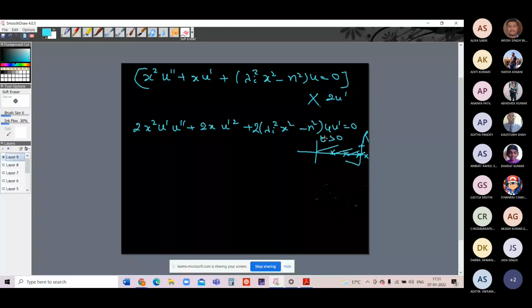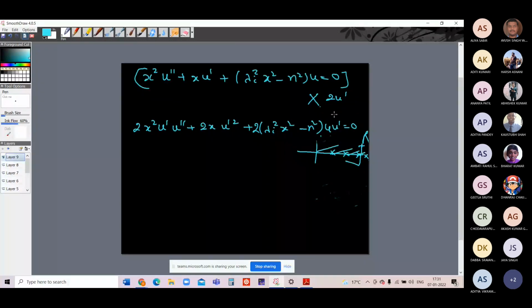I have multiplied both sides of this equation by 2u dash because I want to make it a perfect derivative, a total derivative of some function.